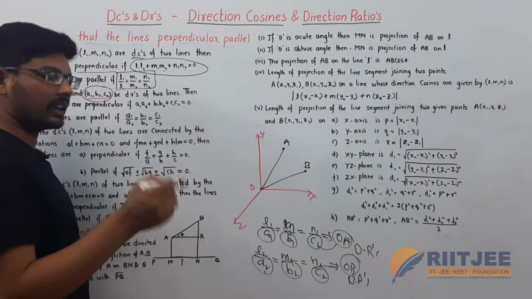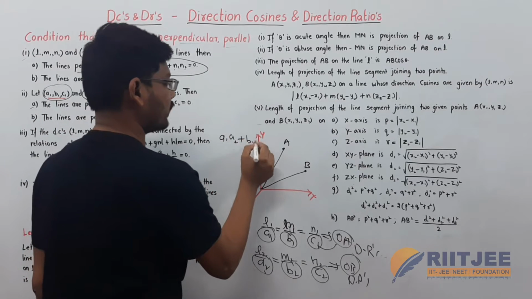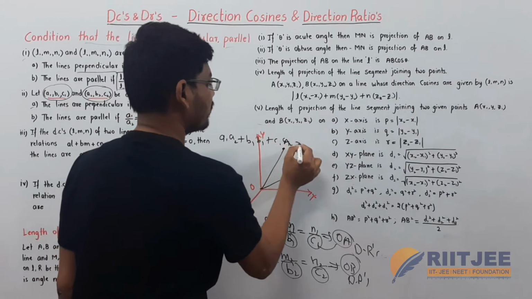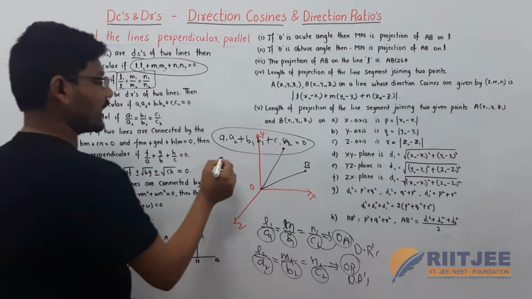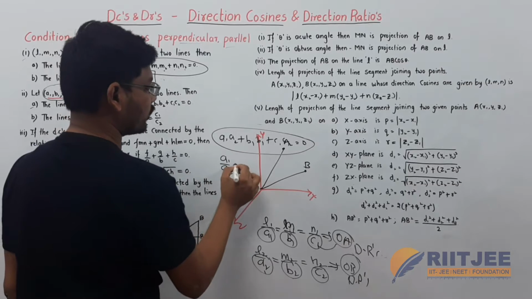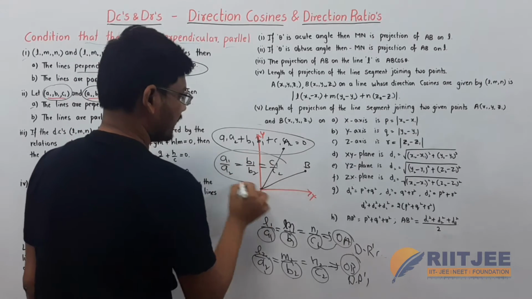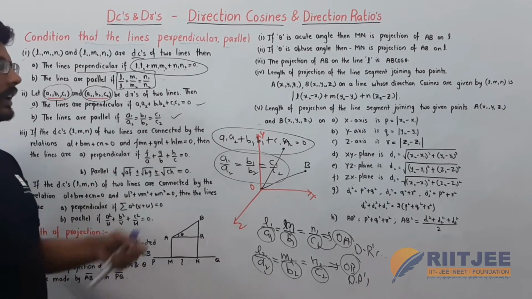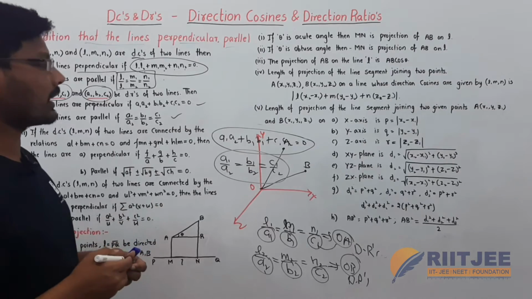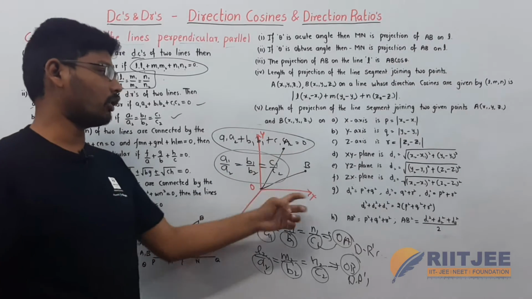If the direction ratios are given, and the condition a1 a2 plus b1 b2 plus c1 c2 is equal to 0 is satisfied, then the two lines are perpendicular. If a1 by a2 is equal to b1 by b2 is equal to c1 by c2, then the two lines are parallel. This is all about the conditions to remember for parallel and perpendicular lines in a 3D coordinate system, that is OA and OB.